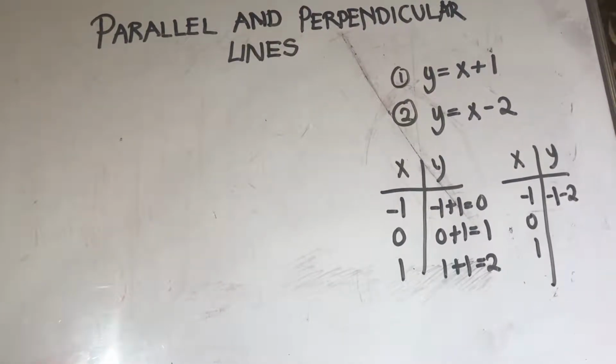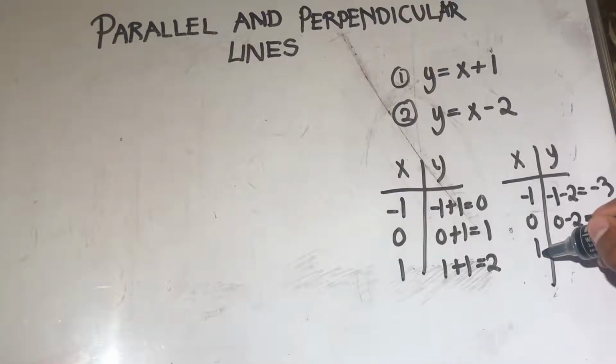Let me tilt the camera here a little bit. It's going to give us -3. And we have 0. 0 for x minus 2 is going to give us -2. And we have 1. 1 for x is going to give us 1 minus 2, which is just -1.